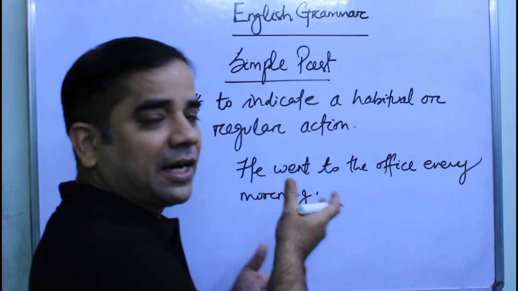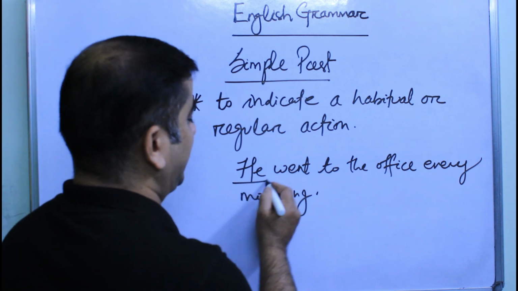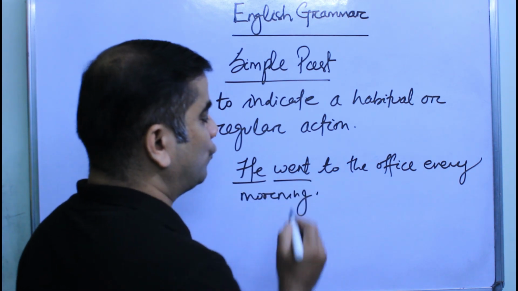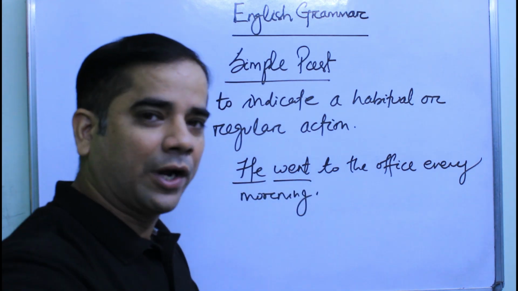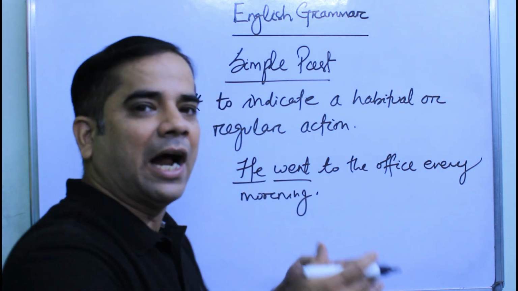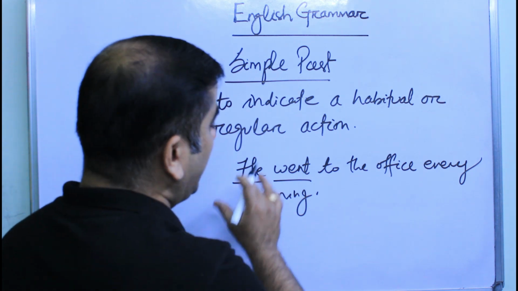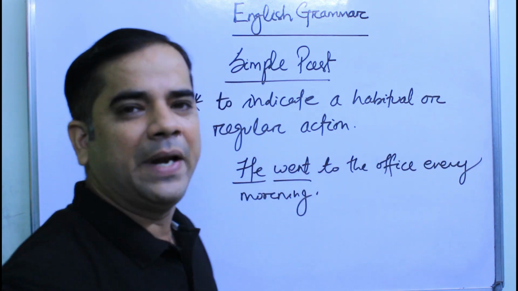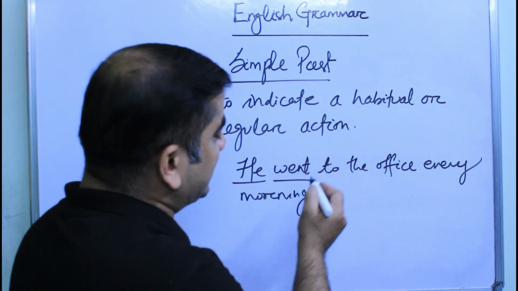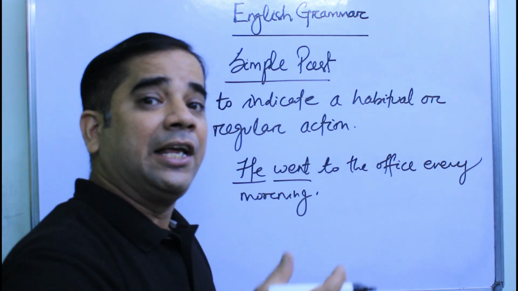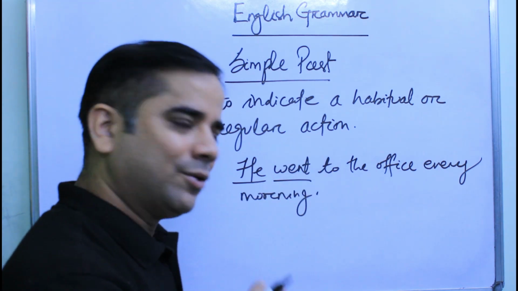Here, this is a regular action of the subject he, and we have used went. That means it is past. We are talking about this action at present, but this had happened in the past. So he went to the office every day. That means it is a regular action that he used to do in past. Okay.